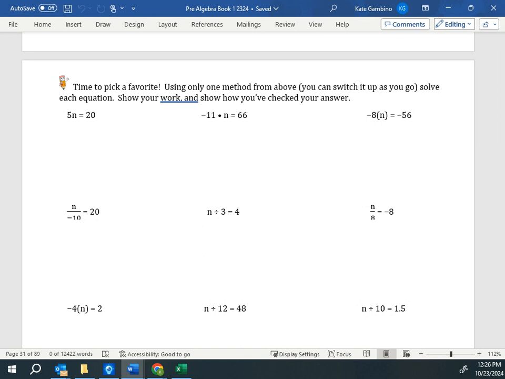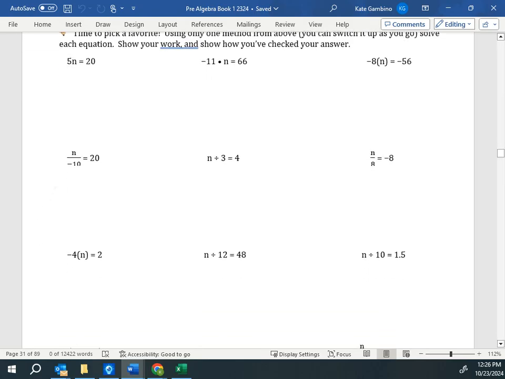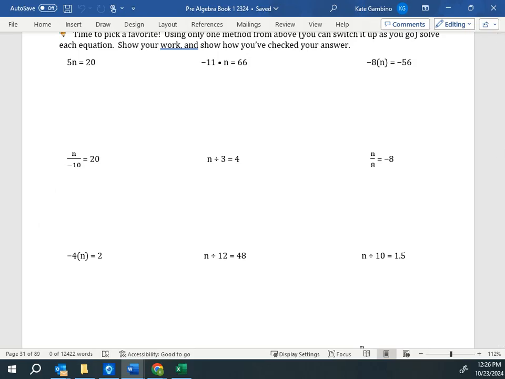Solve each equation and show your work and show how you've checked your answer. Remembering that the fraction bar means divide. Don't forget to pay attention to negative signs. They matter. Remember when we're outside of a parentheses, what operation is that?